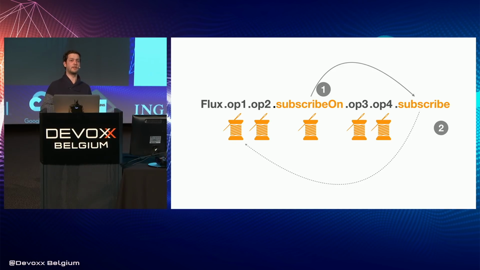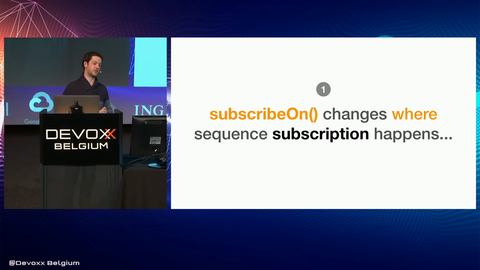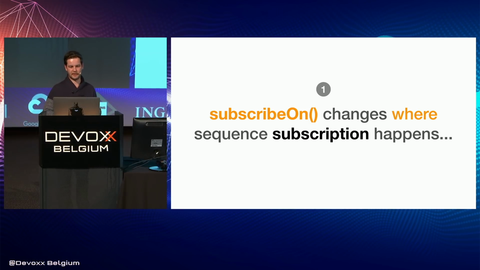But by that point, it's already on the orange thread. So OP1, OP2, but also OP3 and OP4, these steps are executed on the orange thread. And this is because, as its name suggests, subscribeOn changes where the subscription happens. And as we saw previously, that's also where data starts flowing.